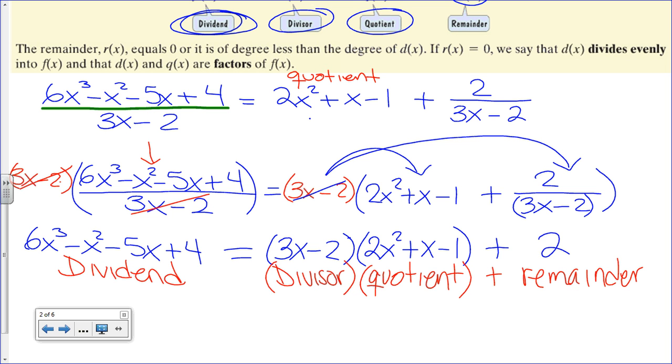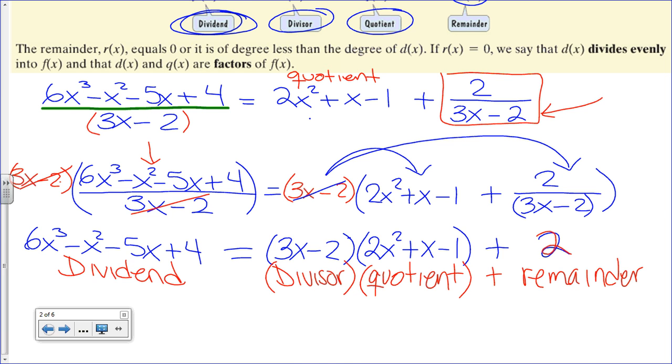Now in this case, it's just 2, not 2 divided by the divisor. The reason here it was divided as a fraction is because there we were still representing that as a quotient, as a division, or as a fraction. Okay.